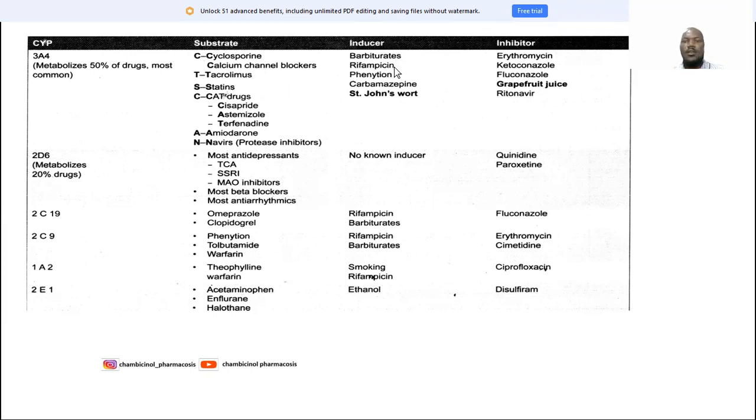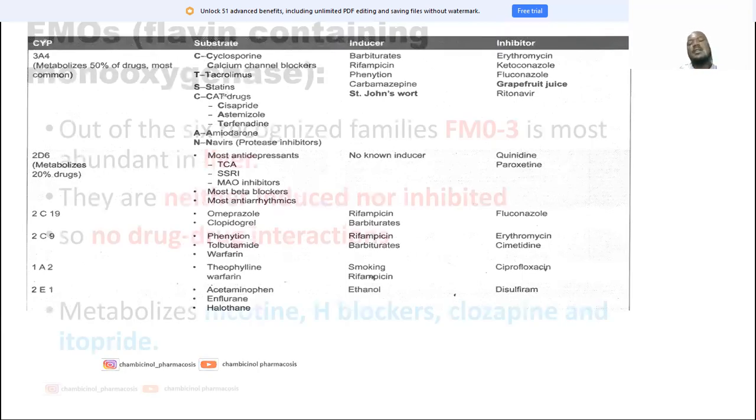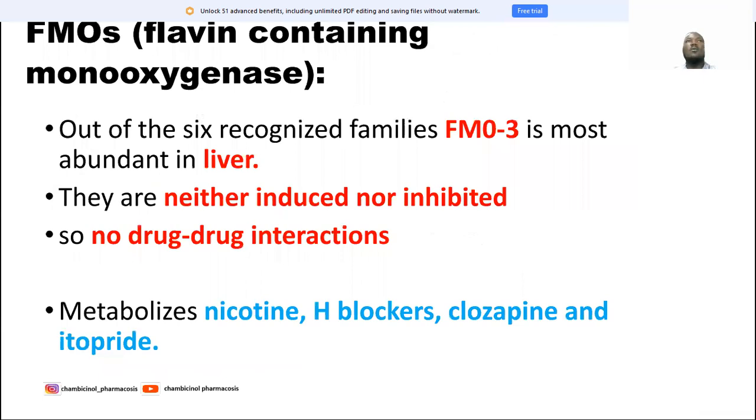Also, there is another drug or substance which is responsible to inhibit this process by inhibiting the metabolism of the drug. So it is very important to understand, because we are going to discuss in detail, you will have to know which are the substrates for these isoenzymes, which are the inhibitors, and which are the inducers. There are special mnemonics that you are going to use to memorize the substrates, inducers, and inhibitors. So this is all about the cytochrome P450 enzyme in the process of oxidation.